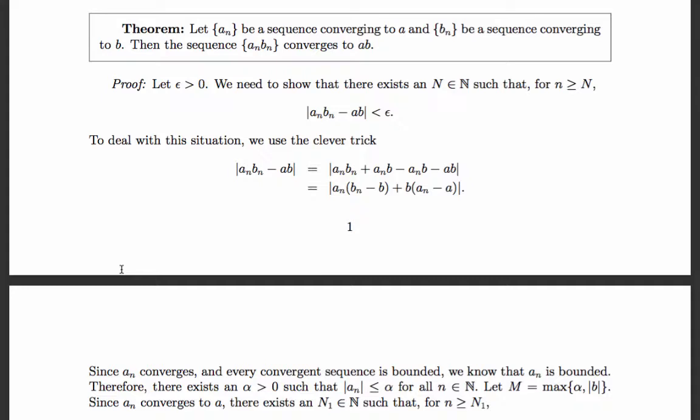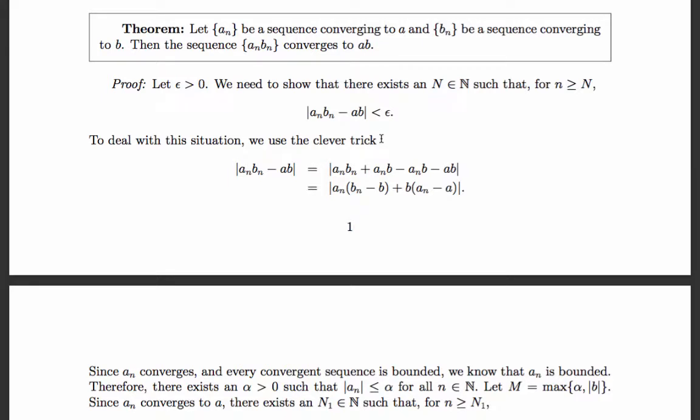Again, our proof begins with an arbitrary positive epsilon. Our goal is to show that there exists a natural number, and for every little n greater than or equal to that natural number, the absolute value of the difference between a_n b_n and ab is less than epsilon.